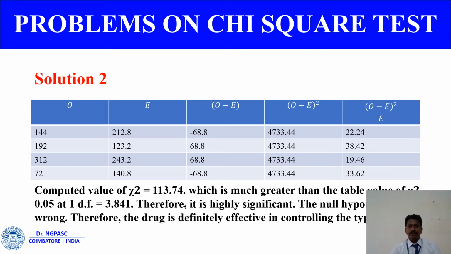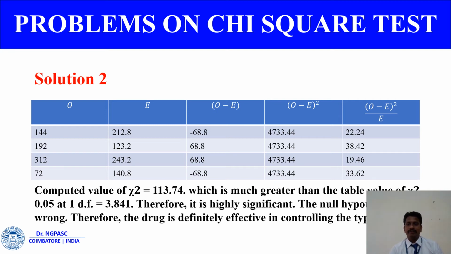Next, to calculate the square of the deviation, observed frequency minus expected frequency whole square: minus 68.8 whole square equals 4733.44. Again 4733.44, and so on.